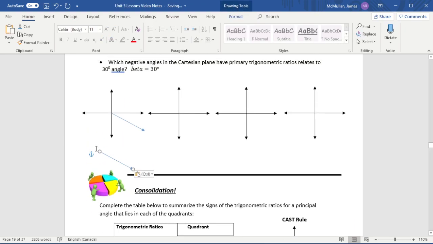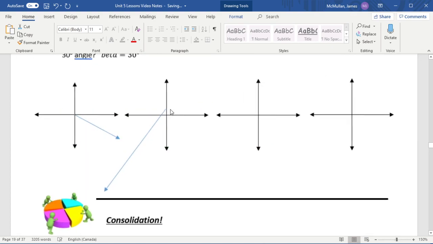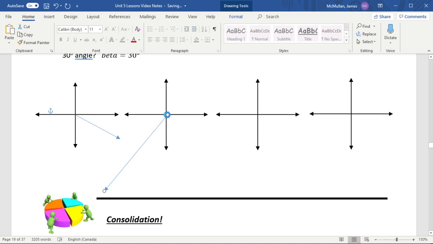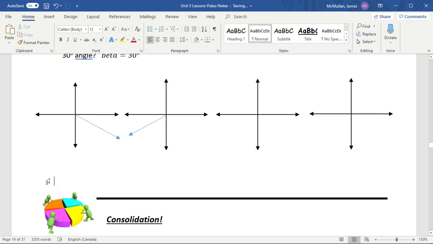Then you would draw a negative 150. Right? I'll write down the numbers underneath them. So this is negative 30. This is negative 150.